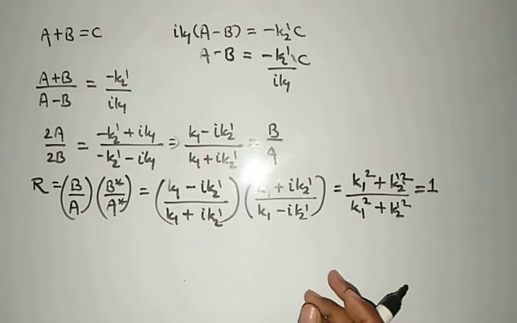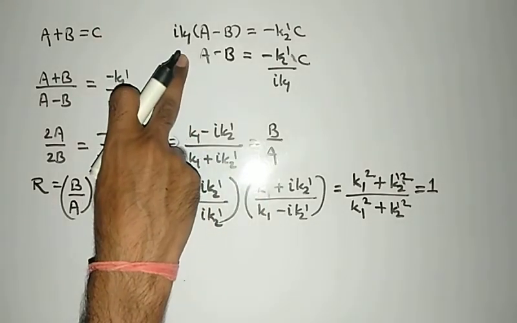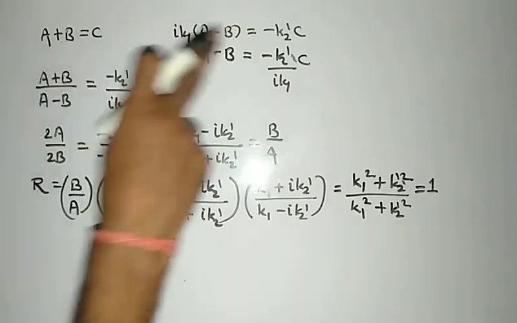In the same way we can find the relation between C and D. For C and D, look here, we can put the value of B from here to here.